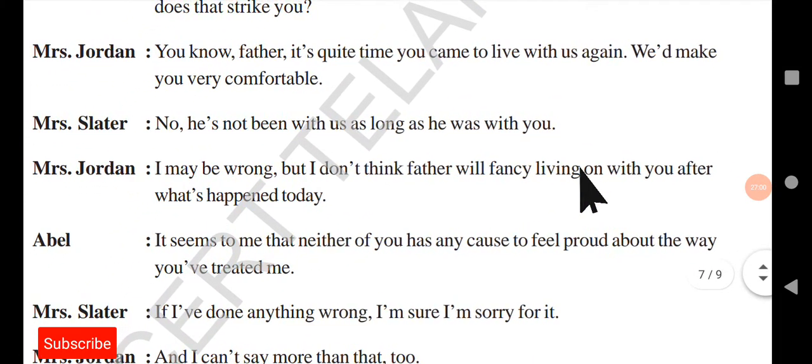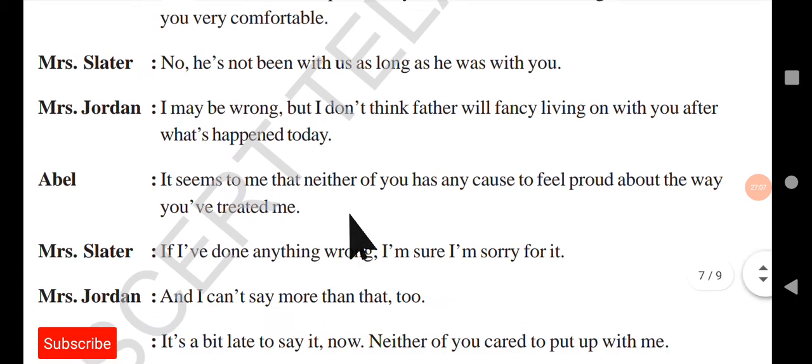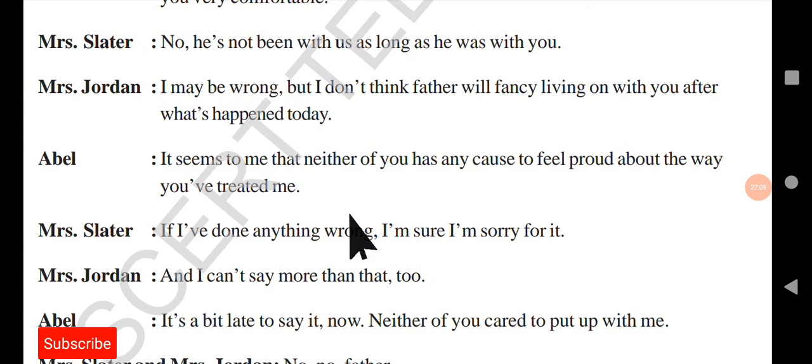Jordan: I may be wrong, but I don't think father will fancy living on with you after all that happened today. Of course it has not been so long, but today so many things happened, so our father must not be very happy to live with you after the things that happened today.